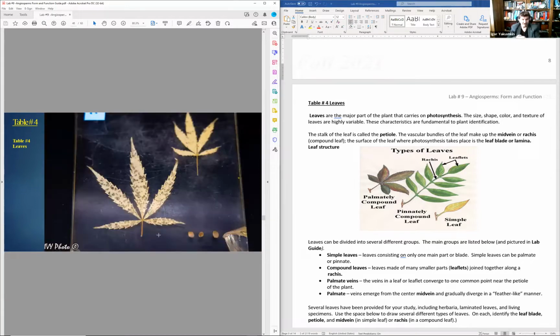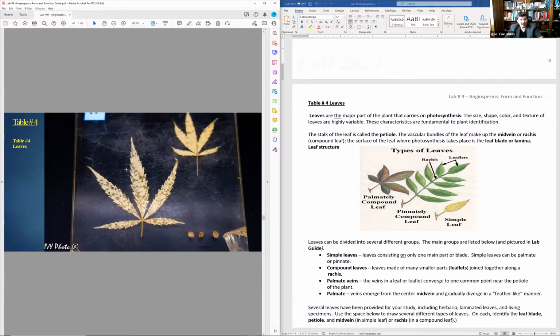In this case, anybody knows what it is? What kind of plant did this leaf come from? Most likely you've seen that. That's a cannabis plant, yes. So in this particular case, you see the petiole coming in and the leaflets coming out, but they're coming out like the palm of your hand.